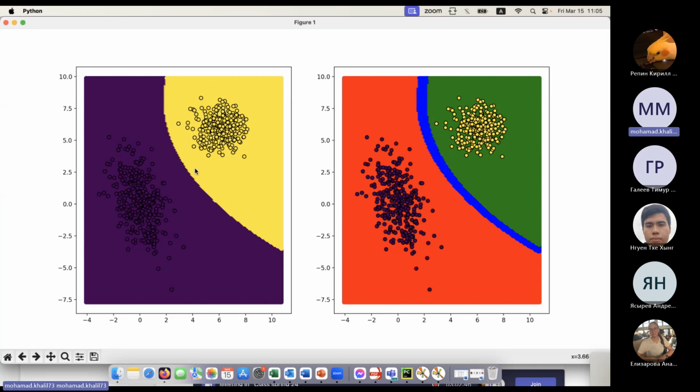You see the curve is like that, without any linearity.